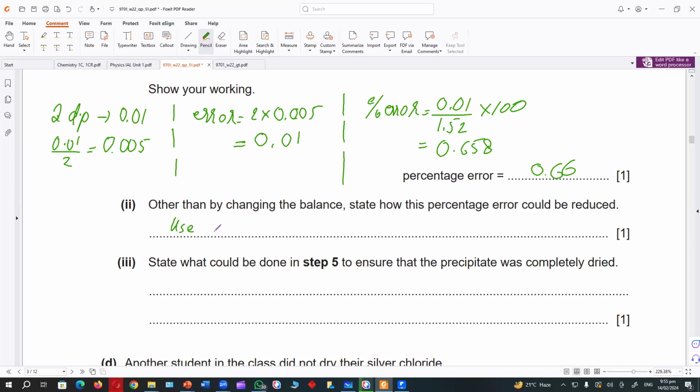Use a sample with greater mass. This is again a pure concept from physics.